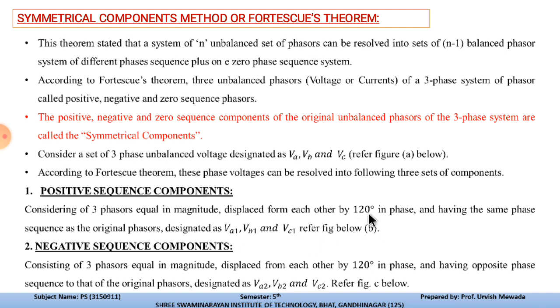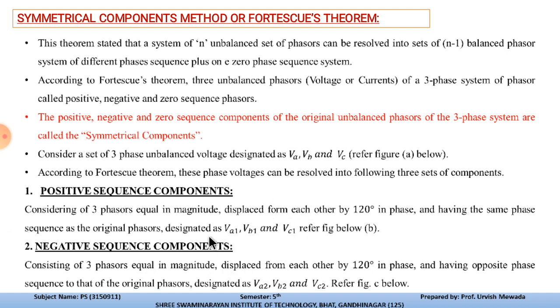The figures related to the symmetrical components are shown in the next slide. So please go through it carefully and try to understand this positive sequence, negative sequence, and zero sequence. Now this is called the positive sequence. Now what about the negative sequence?